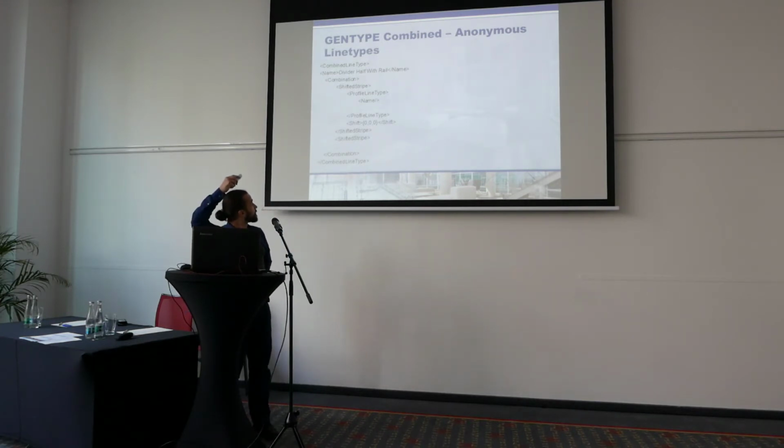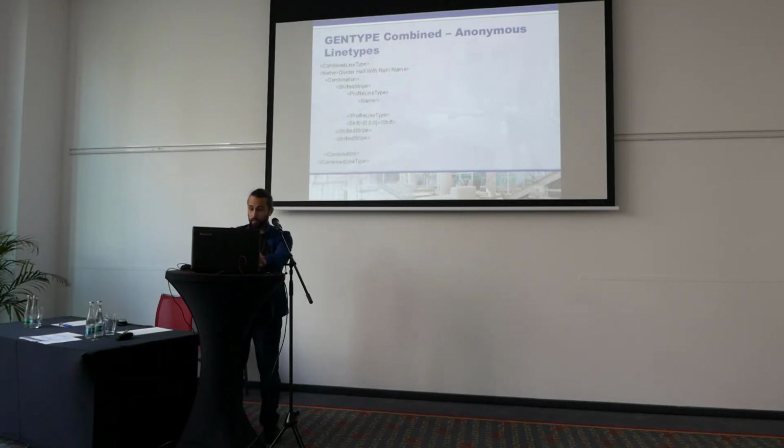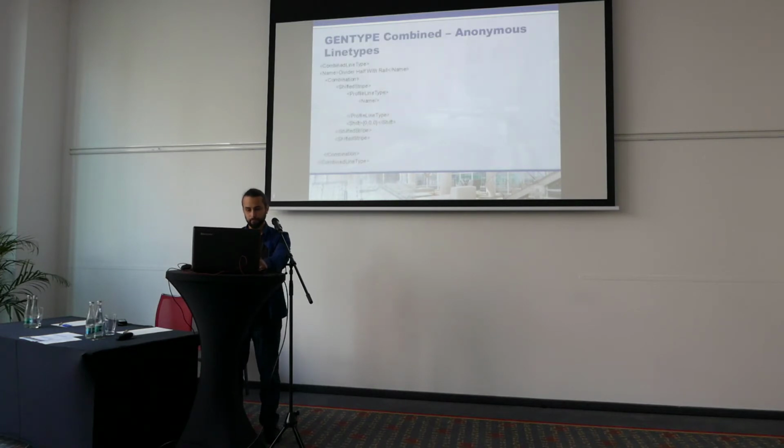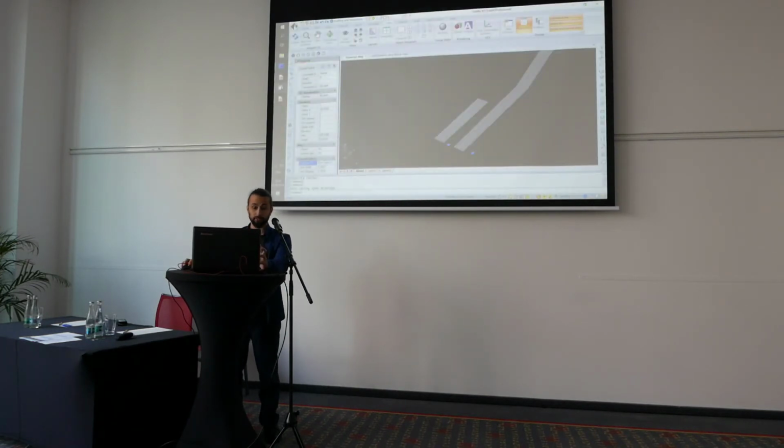There we have a shifted straight pair, and instead of just using the name of some line type, we just define it right here. By the way, this is a non-trivial example of Jentype Combined.